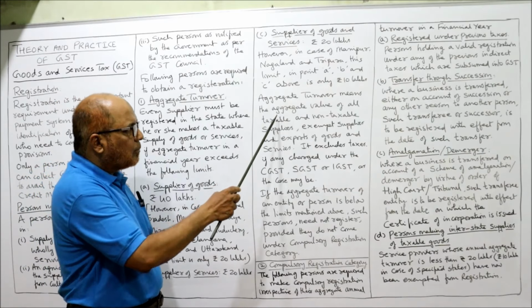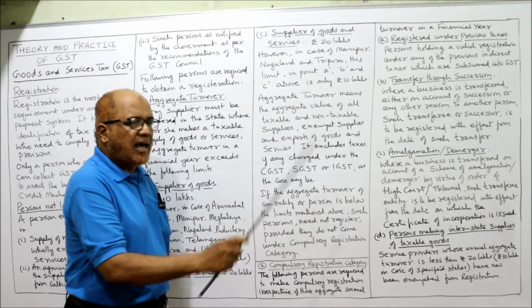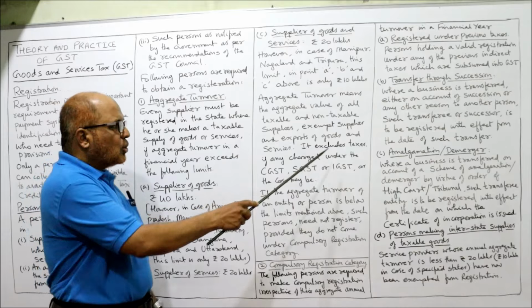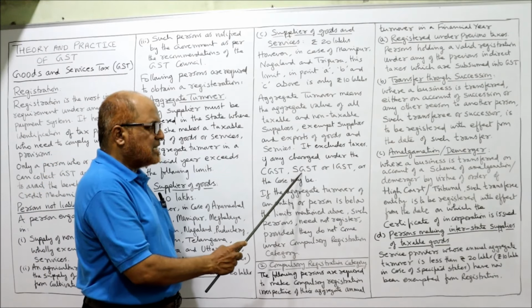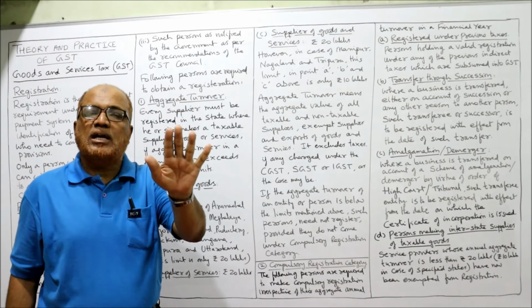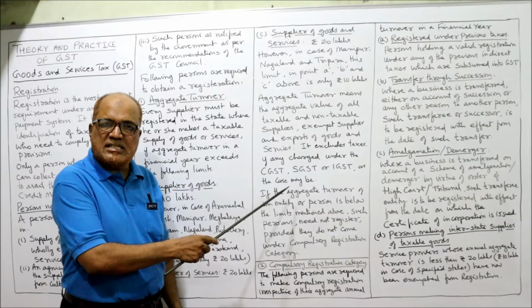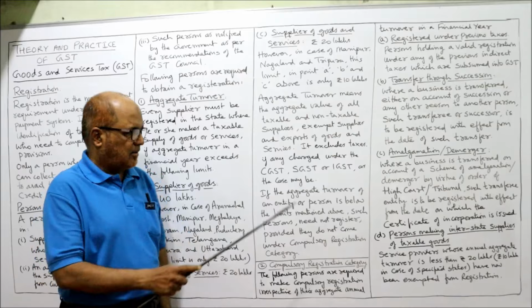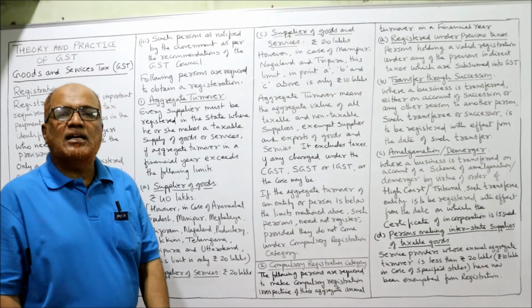So aggregate turnover means all these taxable, non-taxable, exempt supplies and export. Now it excludes taxes if any charged under GST, CGST, SGST or IGST as the case may be. Turnover should not include the amount collected for CGST, SGST or IGST. Excluding these three, that will be taken as aggregate turnover.